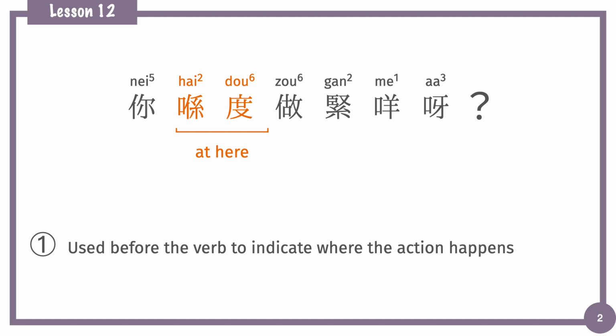And then 度 is 呢度 or 嗰度. That is a location. So 喺度 can mean at here, we are talking about the action happening here.